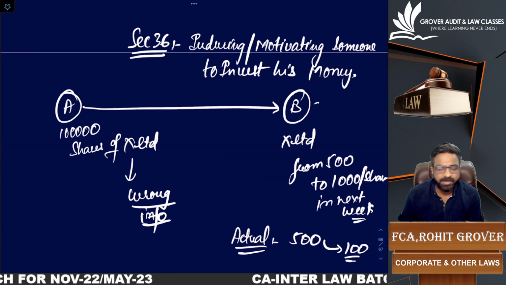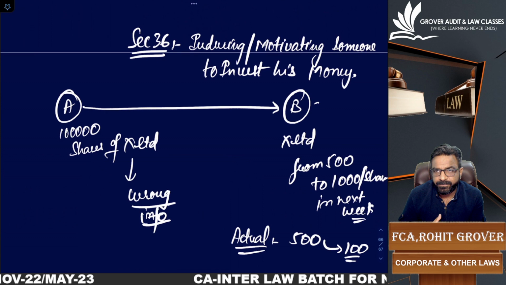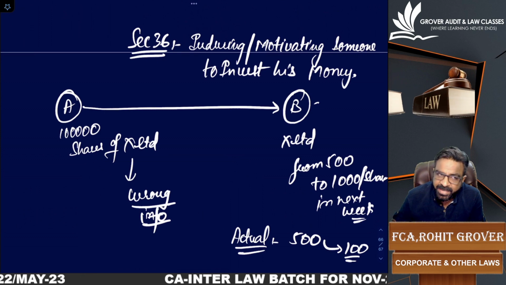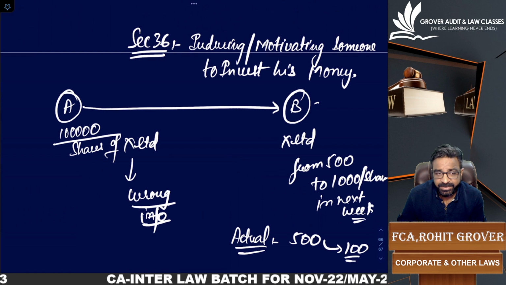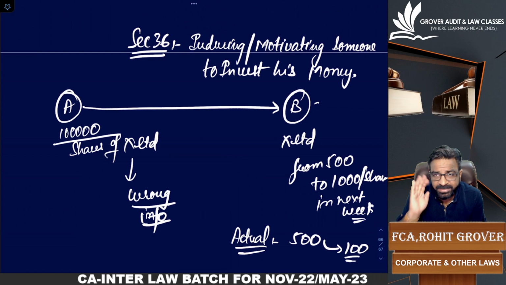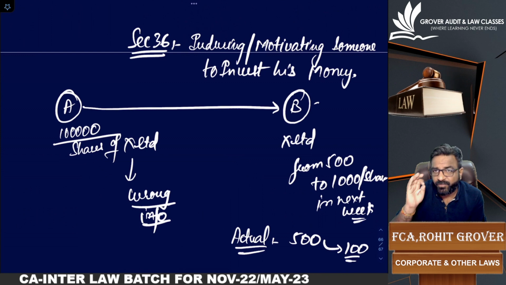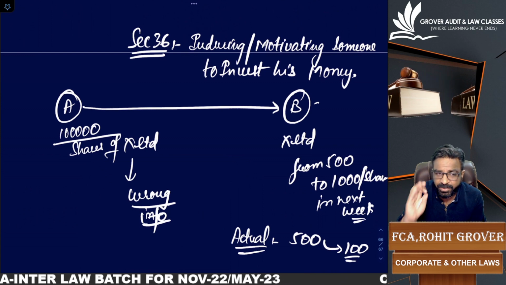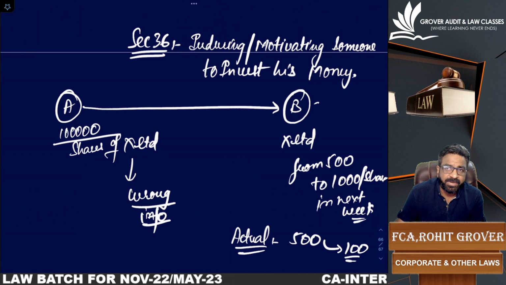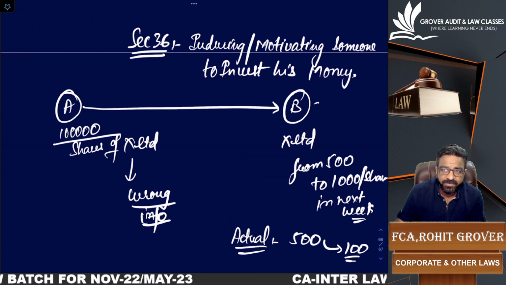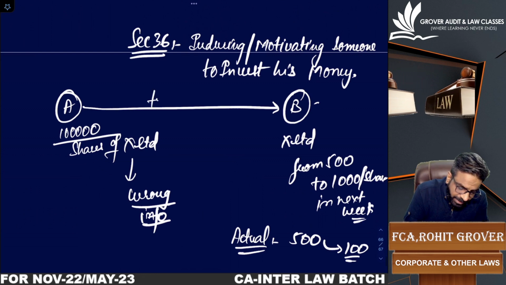Can anybody tell me why A told a lie to B? Because A is having how many shares, everyone? 1 lakh shares. If he holds the 1 lakh shares and the price goes down from 500 to 100, whether he will lose 80% of his money or not. So A told a lie.